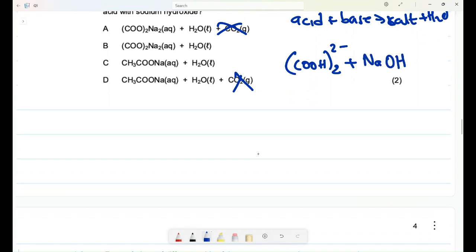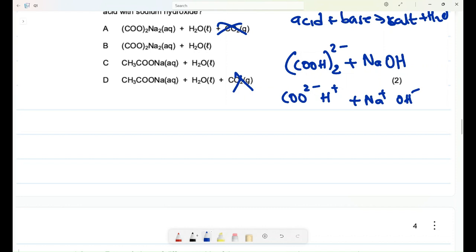So what happens in this reaction is that when we remove the H like this, it's going to be COO2 minus and H plus. H plus, because H is a positive ion, right? Now it's going to be added to Na plus and OH minus.